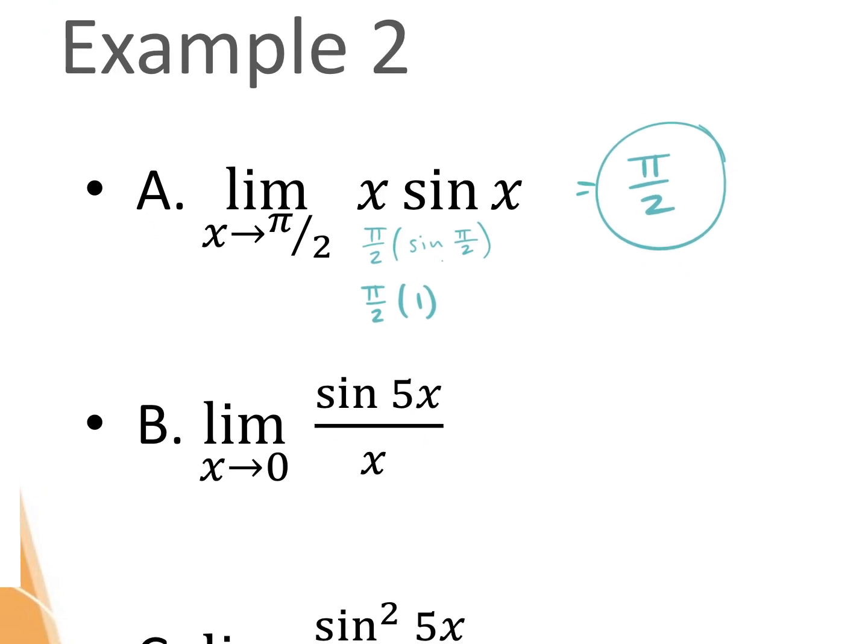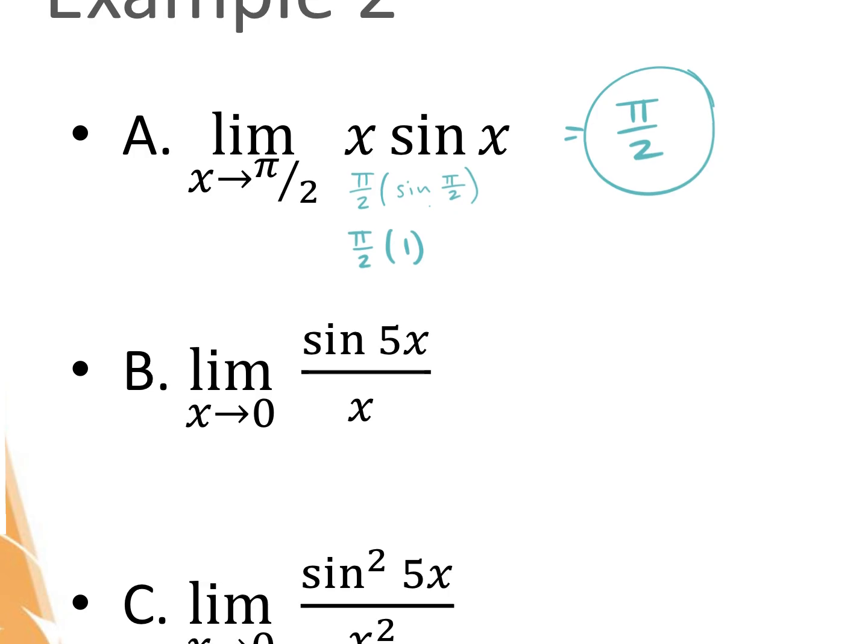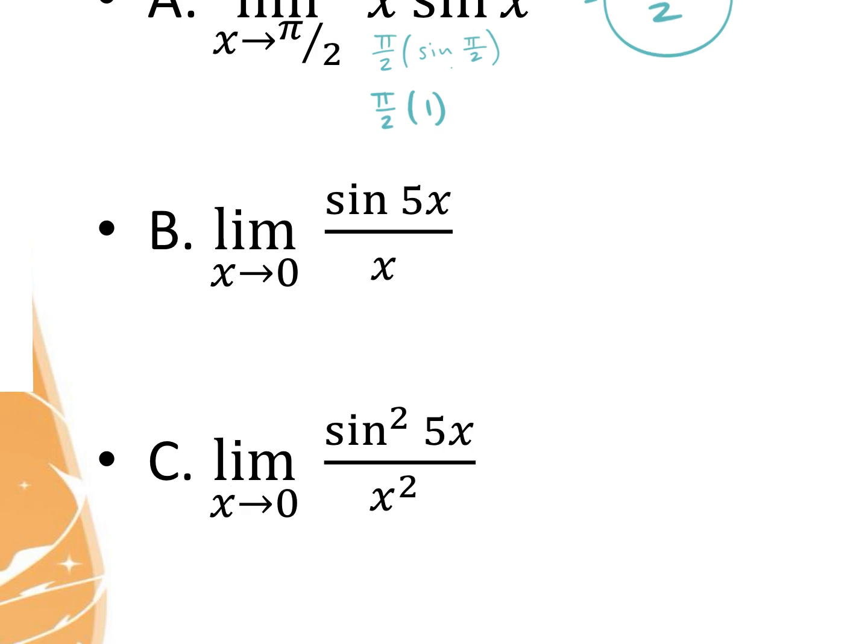First thing you always want to do is try substitution. Plug in what x approaches, plug in your c value, see if it works out. If you don't have a fraction for something like this one, or if you don't end up with 0 in your denominator, you don't have something undefined, then it's probably going to work by just plugging it in. B is not going to work by just plugging it in because we're going to end up with 0 in our denominator.